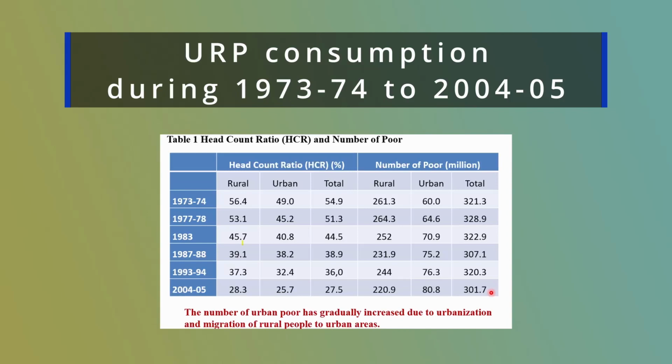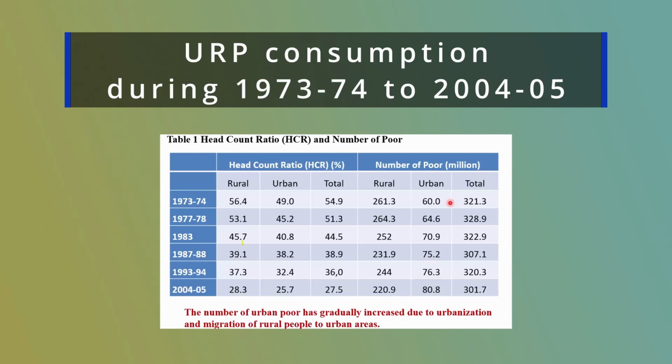But if you consider the trend of rural poor and urban poor, the trend of rural poor decreased from 261.3 million in 1973-74 to 220.9 million in 2004-5.